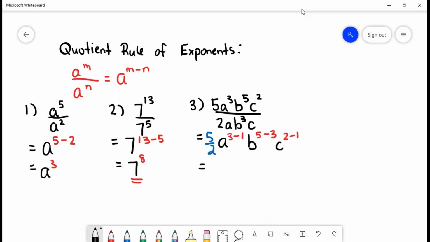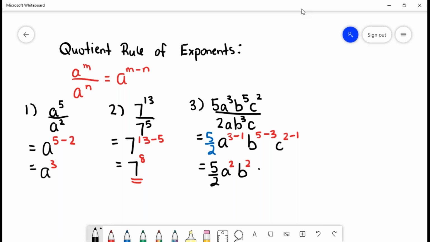So now simplifying even further, we have 5 over 2 times a to the power of 3 minus 1. Well, we know 3 minus 1 is 2, so we can write that as is. And we have b, that's multiplied by base b, to the power of 5 minus 3. 5 minus 3 is 2, so that is to the power of 2.